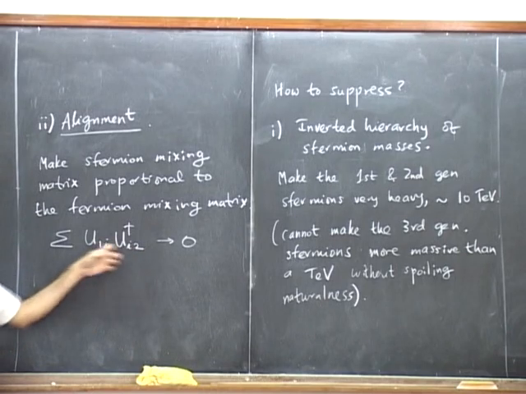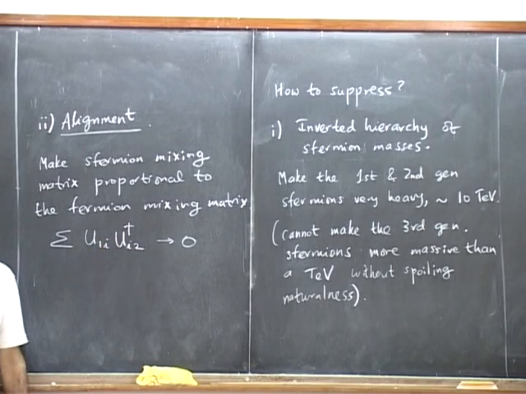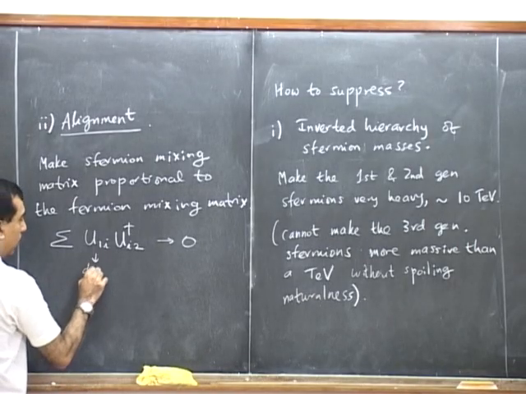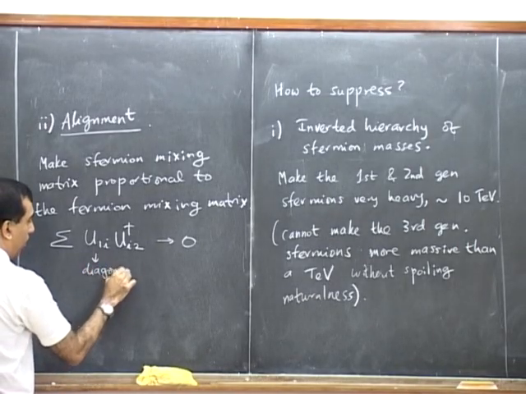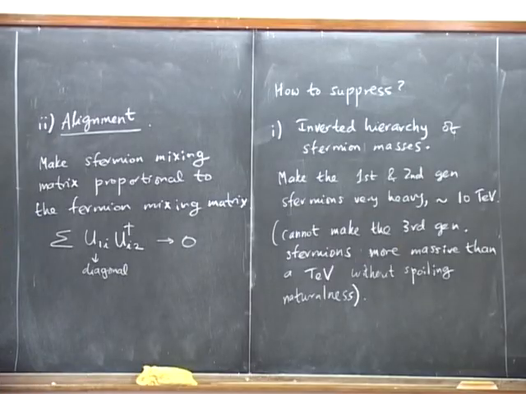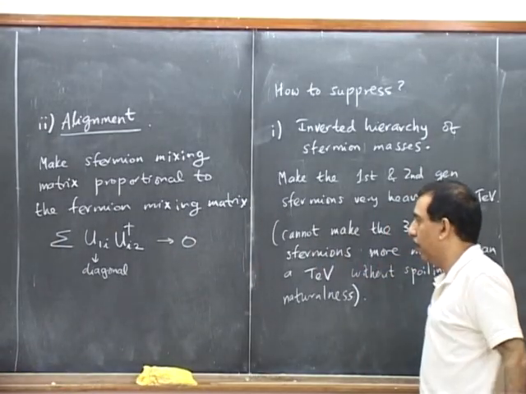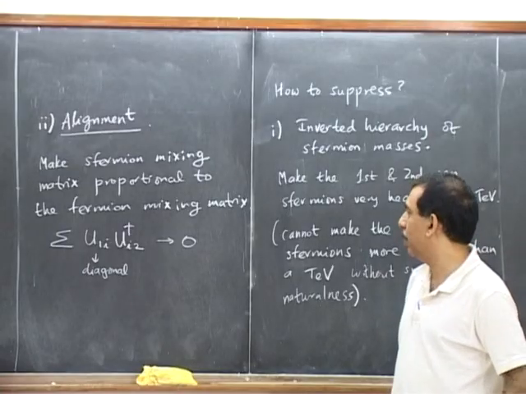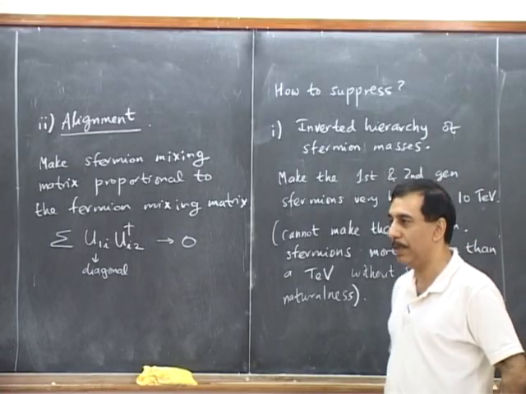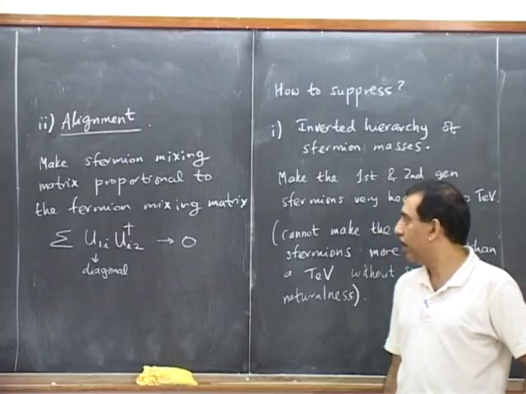For this to be non-zero, they need to be non-diagonal, because this becomes diagonal. So that puts the unwanted K0 bar mixing to 0 for an independent reason from this inverted hierarchy.